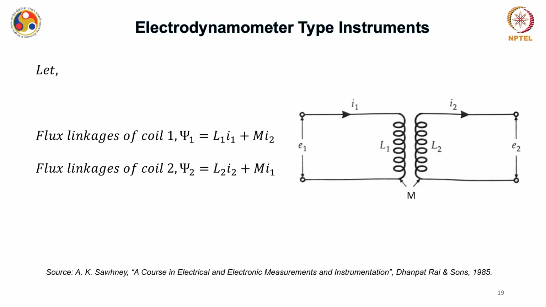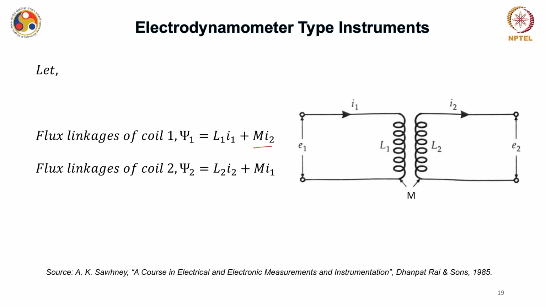So flux linkage of coil 1 will be psi 1 equal to L1 I1 plus the mutual inductance into current flowing in the moving coil. Because of the definition of mutual inductance, this flux linkage is because of the current flowing in the other branch. So psi 1 is equal to L1 I1 plus M into I2.